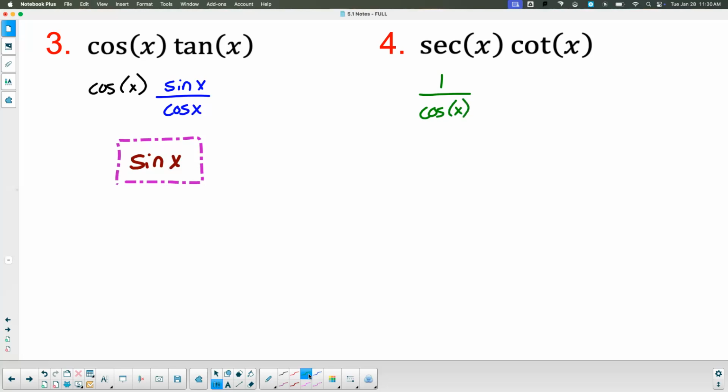It's going to help you to remember that everything needs a co. Okay. Cotangent is cosine over sine. So then this becomes 1 over sine, yes, which is cosecant.